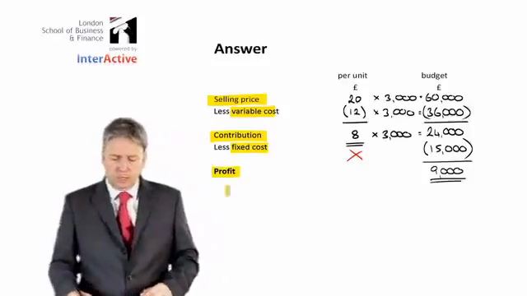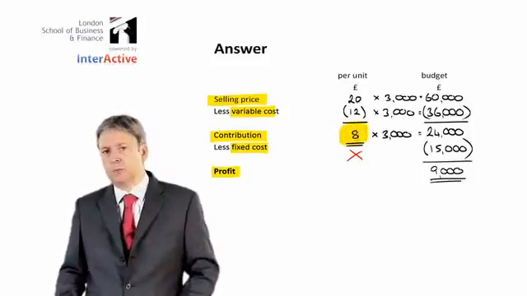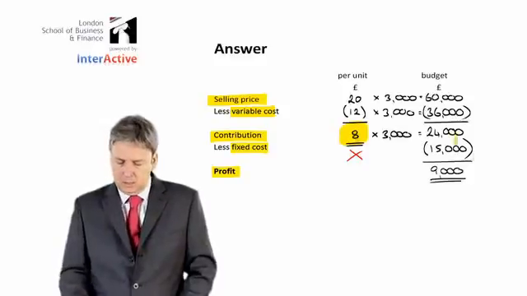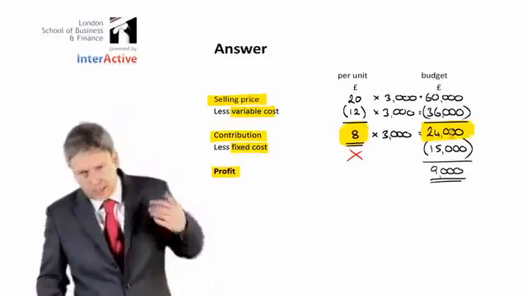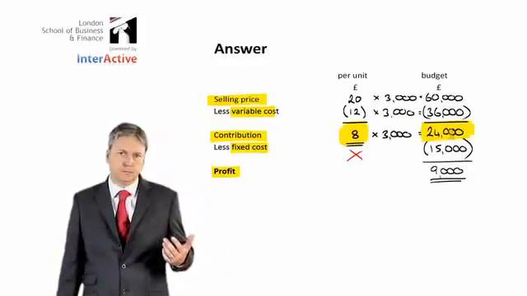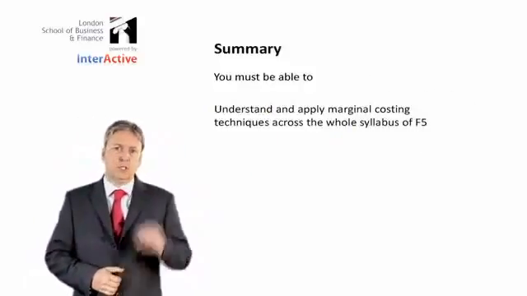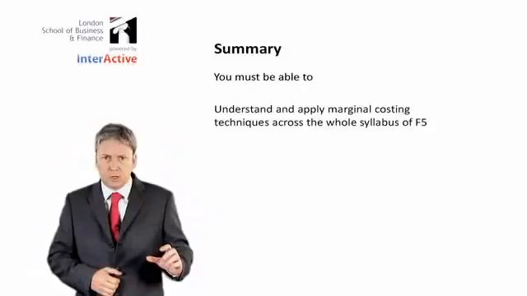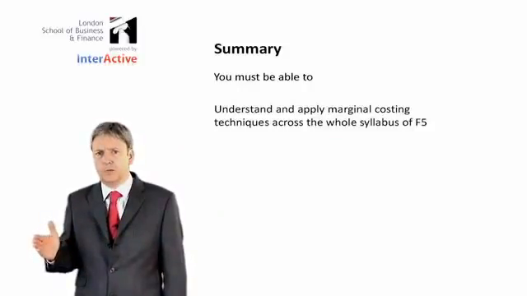So please, when we look at marginal costing analyses, we generate contribution per unit. That contribution target can then be used to cover the fixed costs and make a profit. When it comes to marginal costing, you must be able to use basic marginal costing ideas across a wide range of different parts of the syllabus.